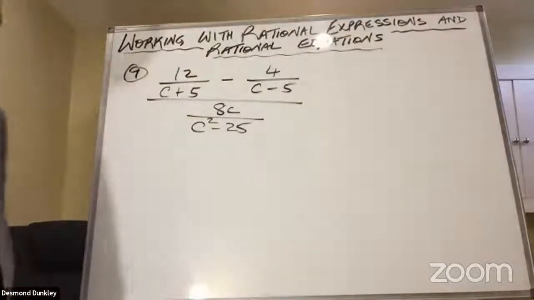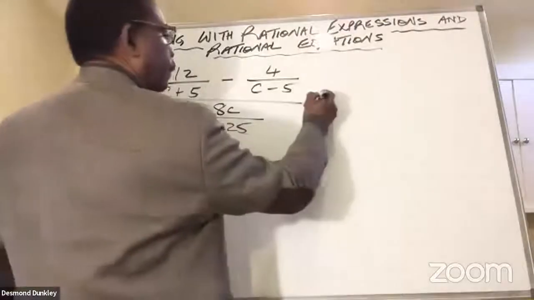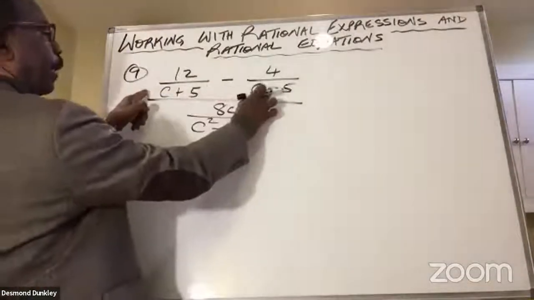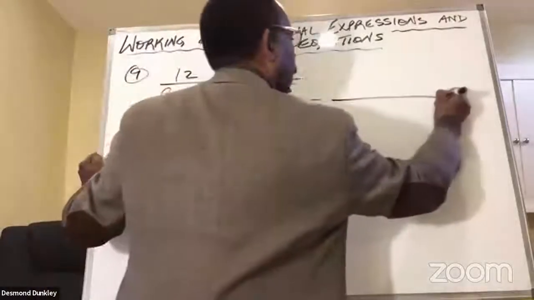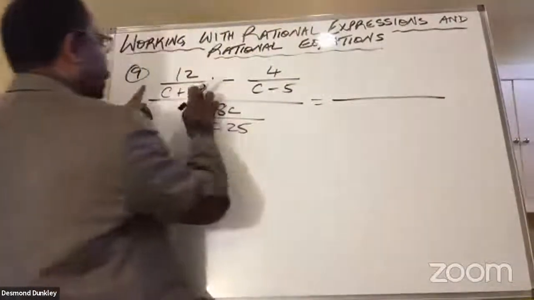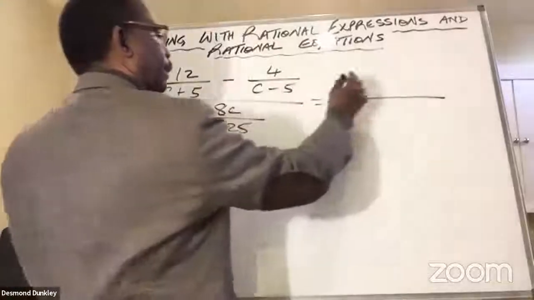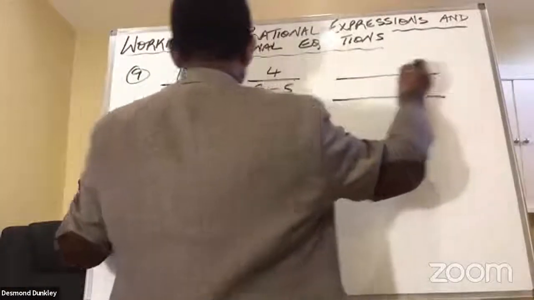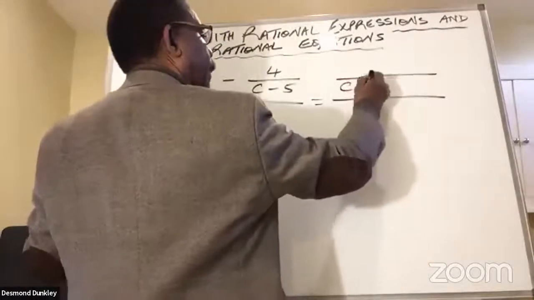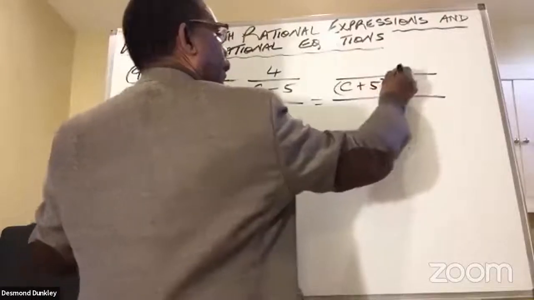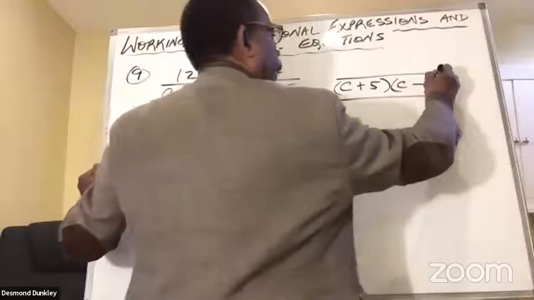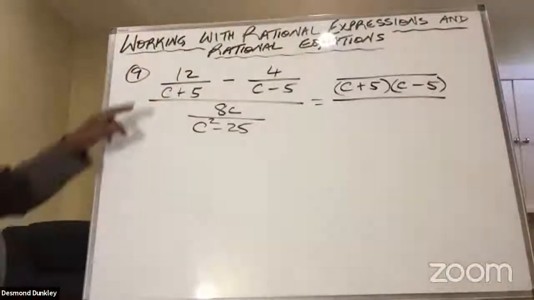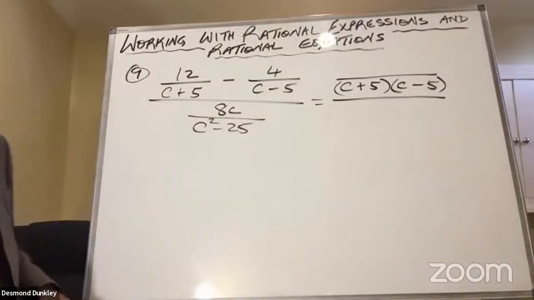Okay, here we go. We're going to get a common denominator. So the common denominator is a product of these two denominators. So we're going to end up with C plus 5 times C minus 5. That's our common denominator. Just multiply the two denominators.